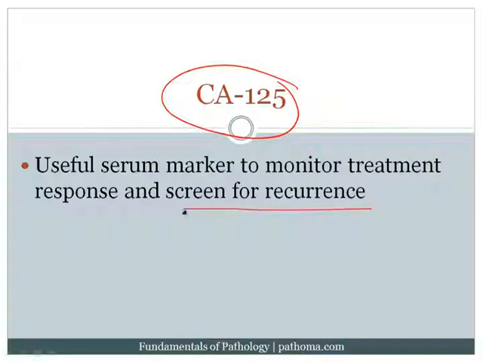So let's say that a woman comes in, she's got a history of serous carcinoma of the ovary, and at the time of diagnosis, her CA125 was high. Now she comes in a year later after surgical removal, and she's having symptoms that suggest that there's recurrence of the tumor, and a CA125 is measured, and it's high again. That would be a pretty good indication that the patient now has recurrence. So that would be something to consider concerning CA125.